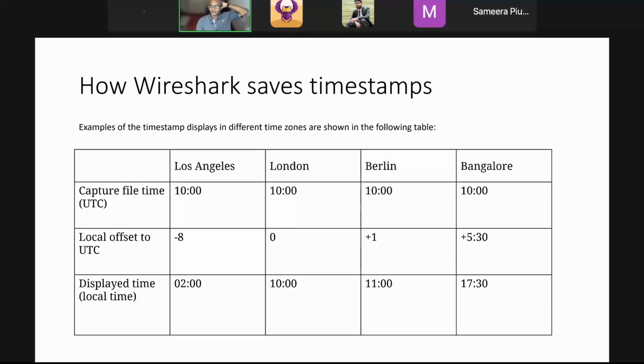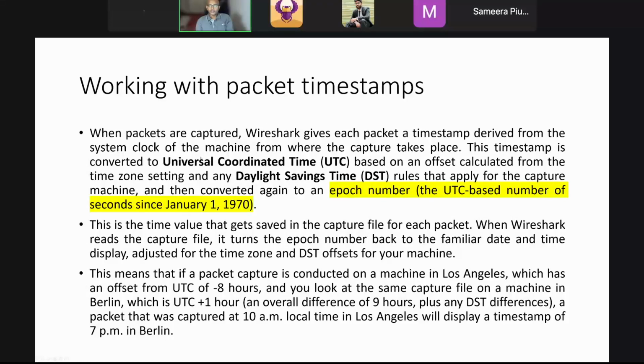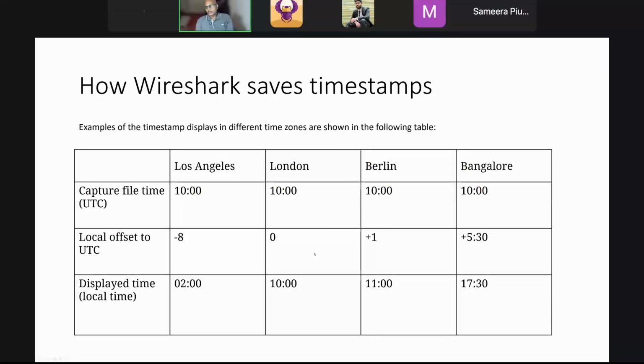So this is an example of timestamp displays on different time zones. You can configure capture file time, local offset, and displayed time. These are examples based on captures at different times and based on the offset. The offset is usually calculated from UTC. London, or Greenwich Mean Time, is the universal coordinated time. If you are in London, the time does not have an offset.